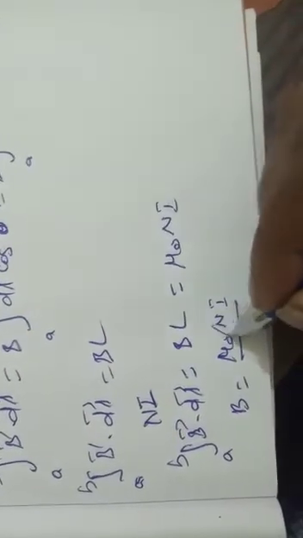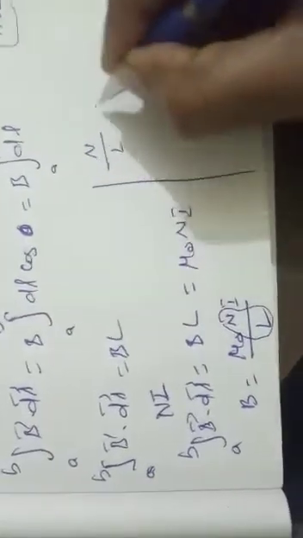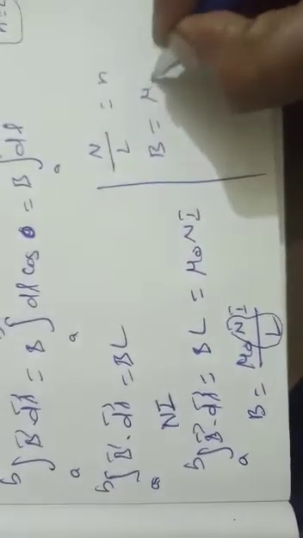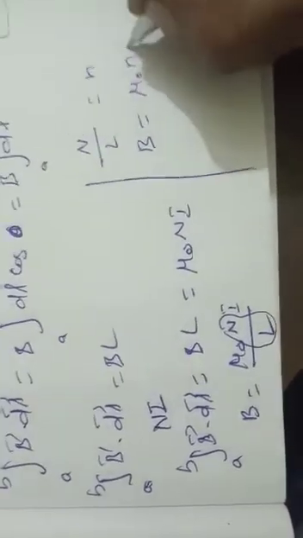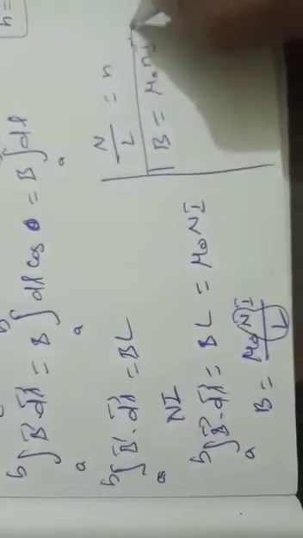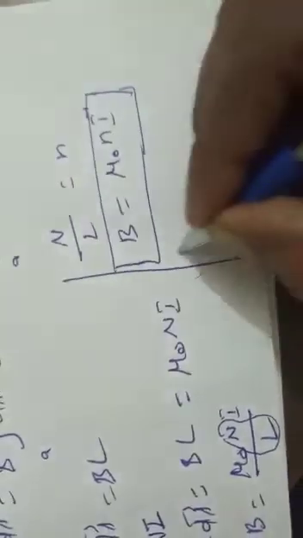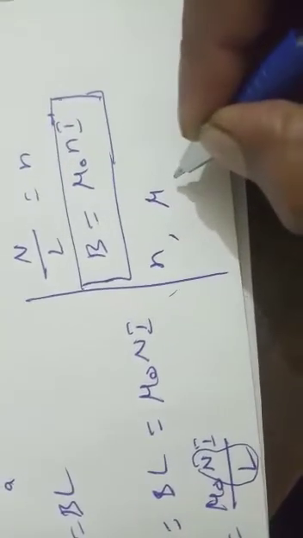The number of turns per unit length, N by L, can be written as small n. So the magnetic field B is equal to mu naught n I. So the magnetic field of the solenoid is mu naught n I. Here n is constant and mu naught also is constant.